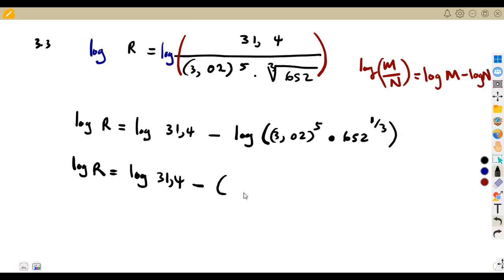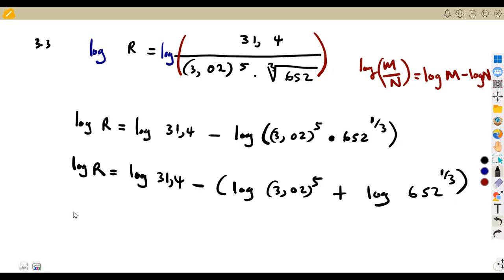So it means we're adding the two logarithms, the logarithm of 3,02 to the exponent of 5 plus the logarithm of 652 to the exponent of a third. That is what it means. We were adding the logarithm.